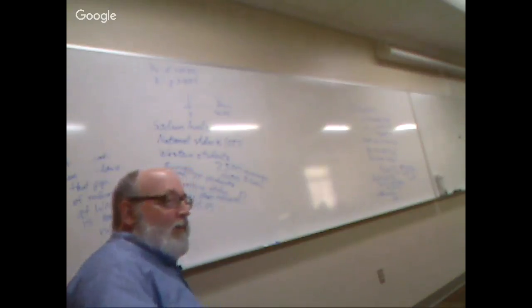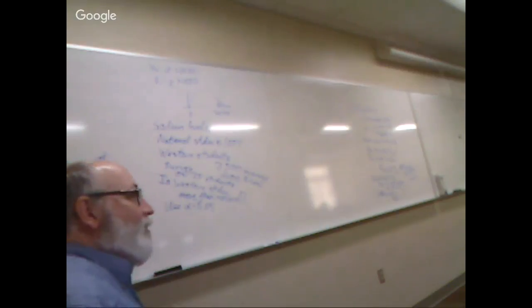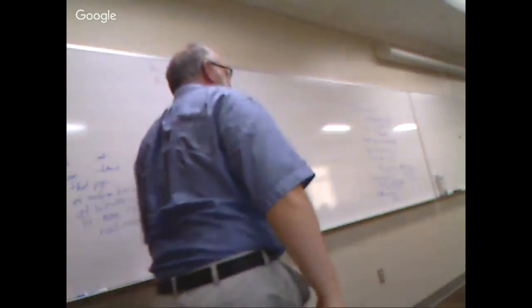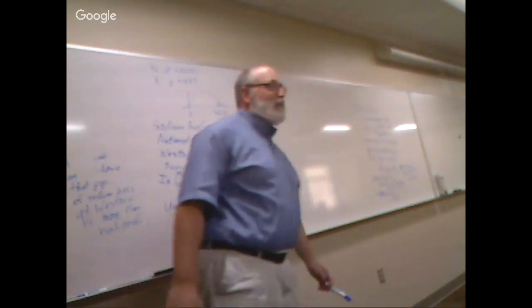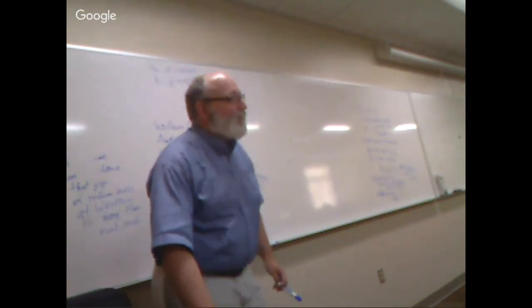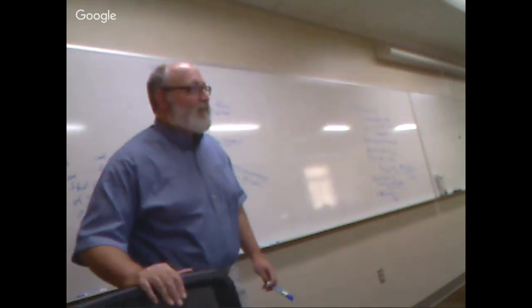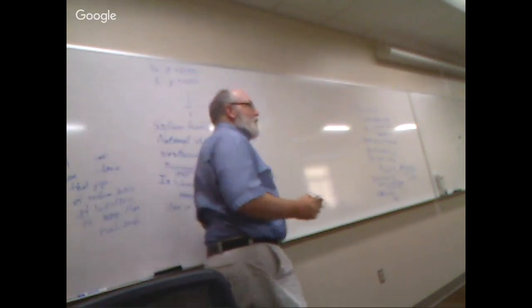Humphrey, what's next? Okay, did you get a number for that? Ooh, we need a formula for that. Humphrey, can you tell me what formula I need for the test value? Chi-squared.